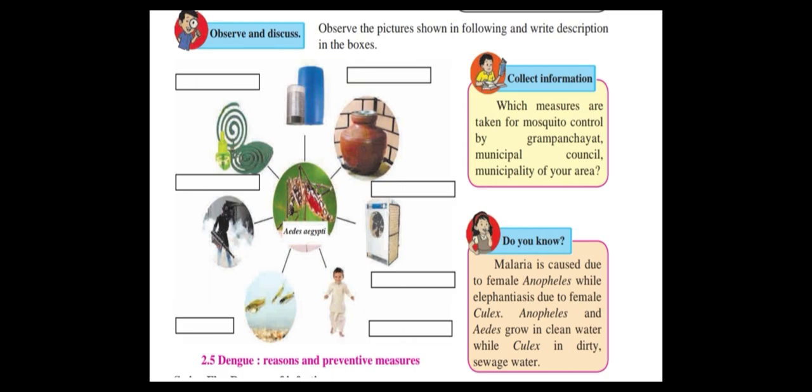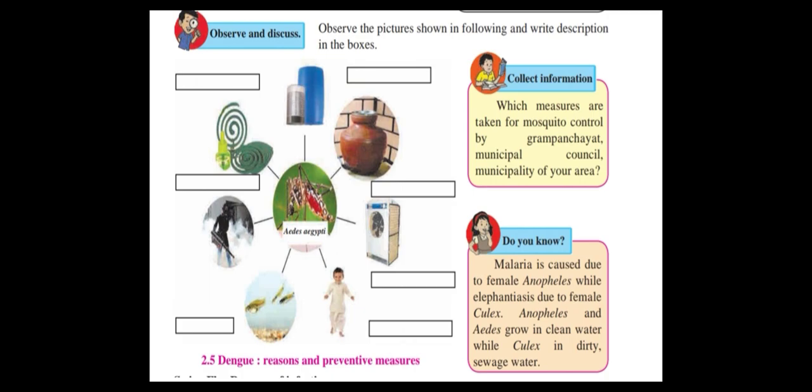Here they have given the mosquito, that is Aedes aegypti, and how it causes the disease and the related concepts. On the top, you can see in each picture there are some blank spaces left, which you have to fill.